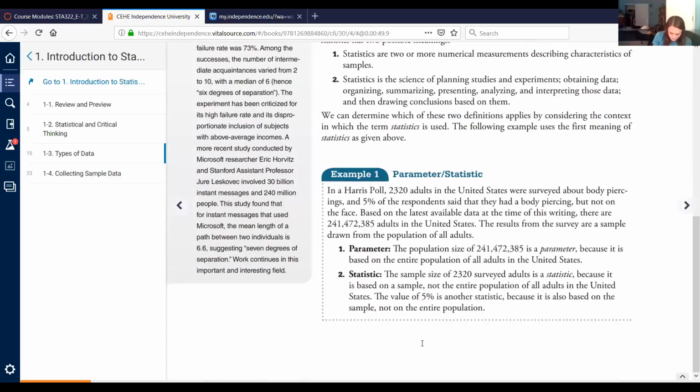So again, the population size of the adults of the United States, that big number, is a parameter because it's based on the entire population. A sample size of 2,320 is a statistic because it is based on that sample, not on the entire population.